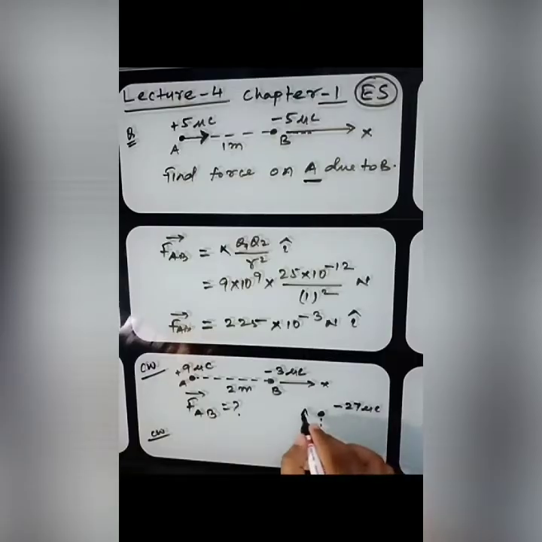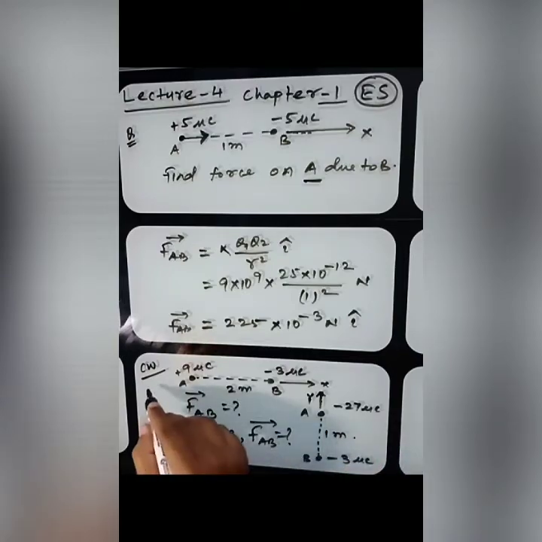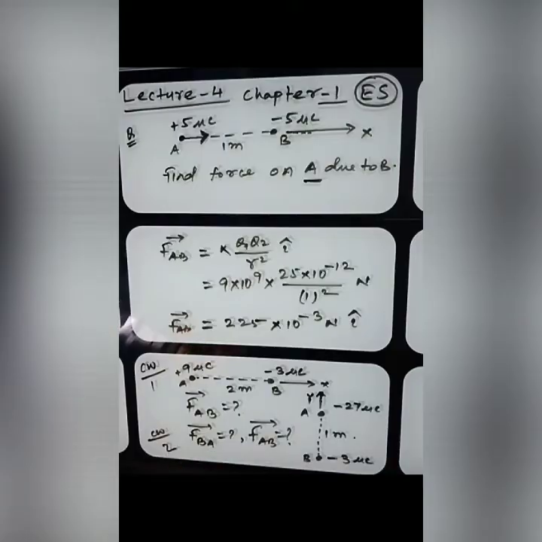This is the charge A and charge B. This is the direction Y. You have to find force on B due to A as well as force on A due to B. The separation here is 1 meter for your simplicity. Now these two questions, students, try to solve by yourself, and now we'll study the next law.